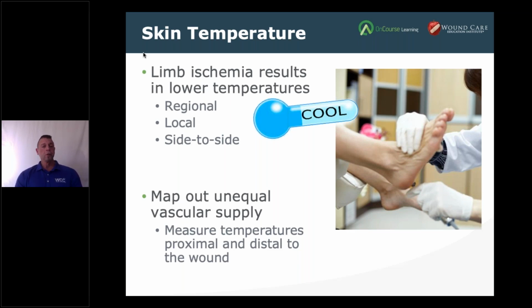But a good thing to do when you do skin temperatures is you can use skin temperatures to map out if there is an unequal vascular supply. By taking temperature measurements proximal and distal to the wound, it can give you an idea of where the blood flow has been impaired and where it is closer to normal.